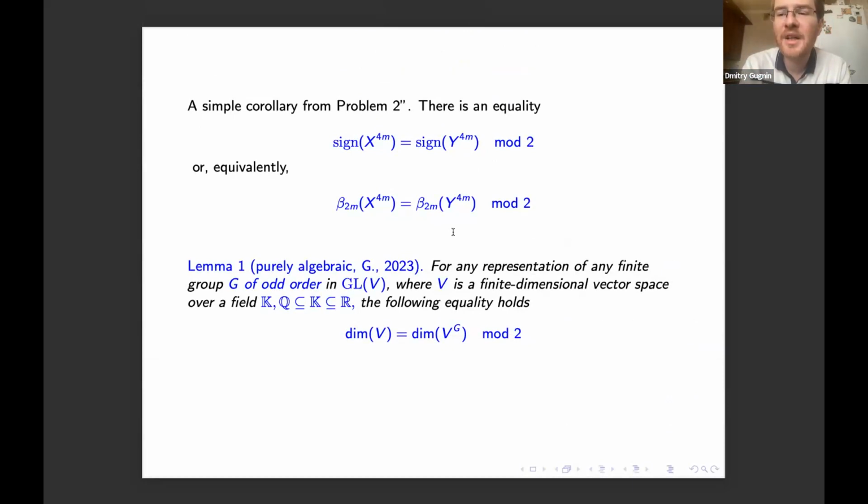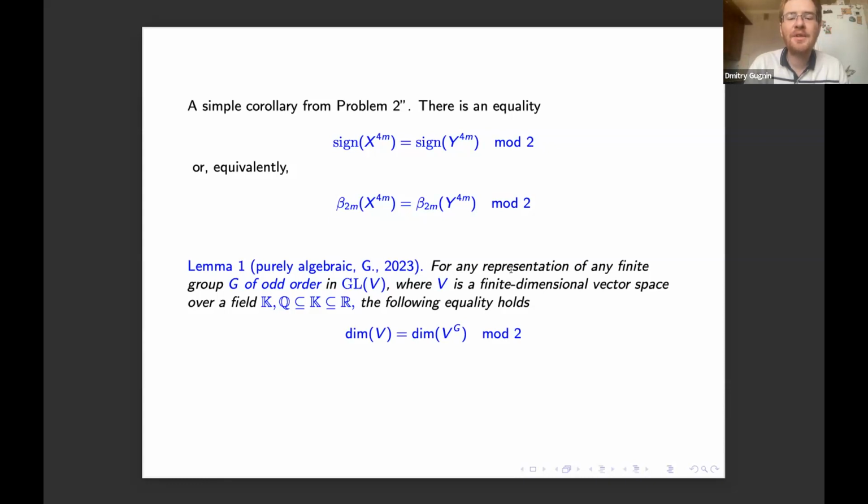It has many proofs, but all proofs I know use the celebrated Feit-Thompson theorem that any odd order group is solvable. And I don't know any proof of this lemma that doesn't use the Feit-Thompson theorem.